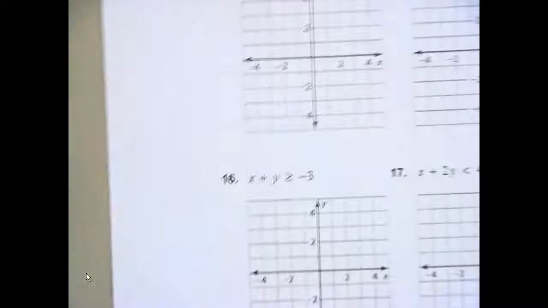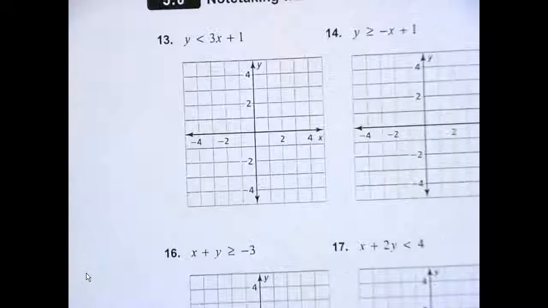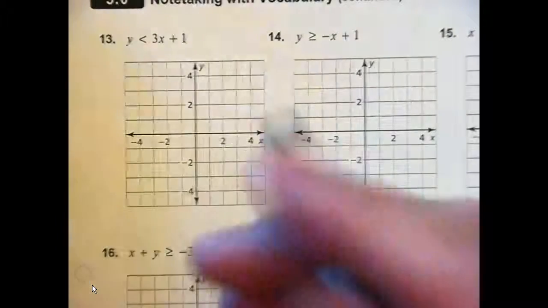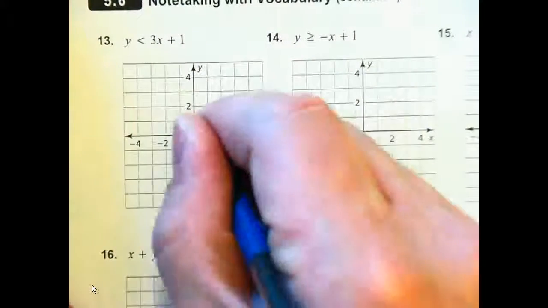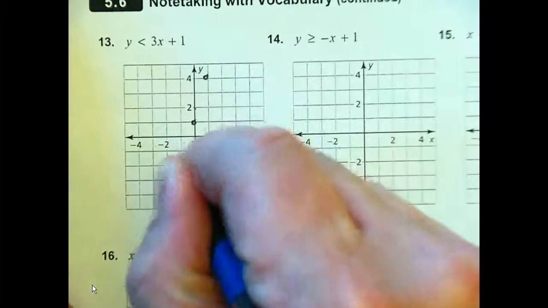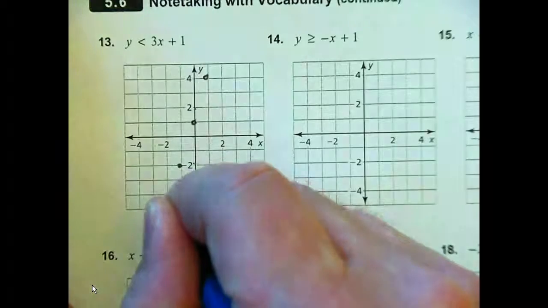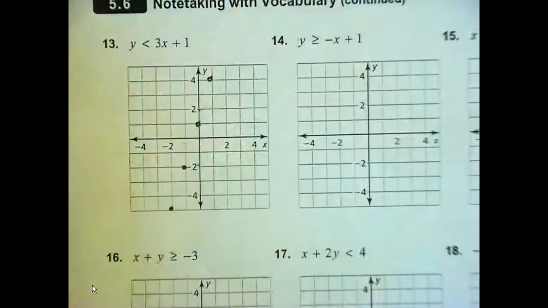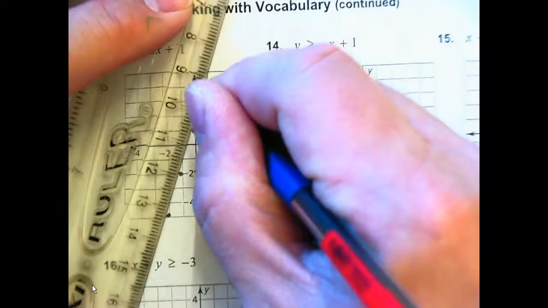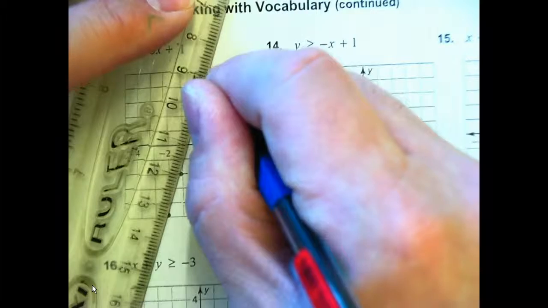Try number 13. Lucky number 13. Okay. Y-intercept is 1. Rise 3. Run 1. We're dealing with a line, so it is going to be a dashed line. It doesn't have the equal to part, so it's dashed.